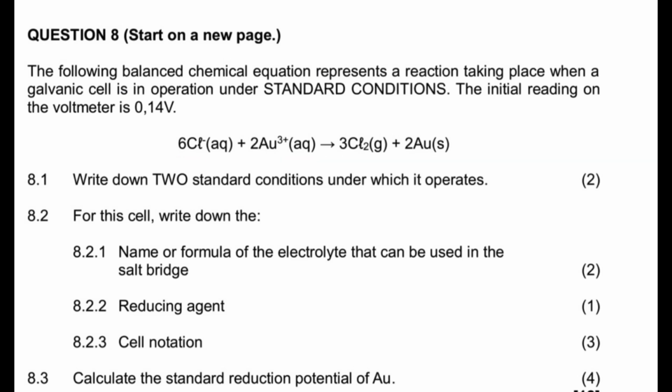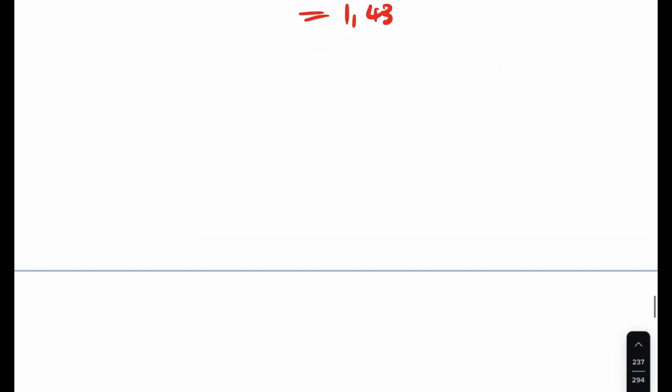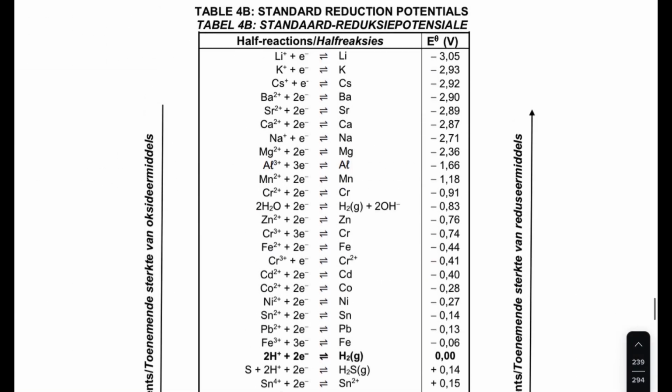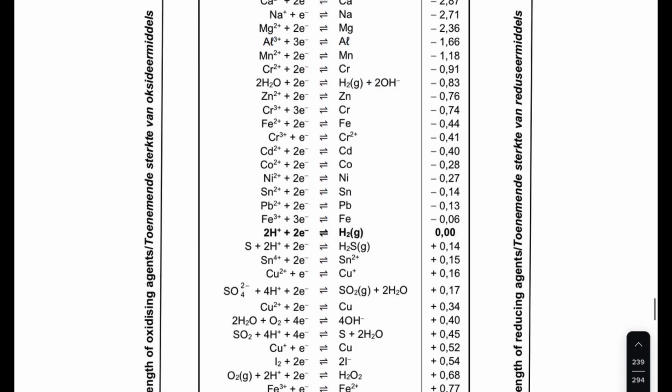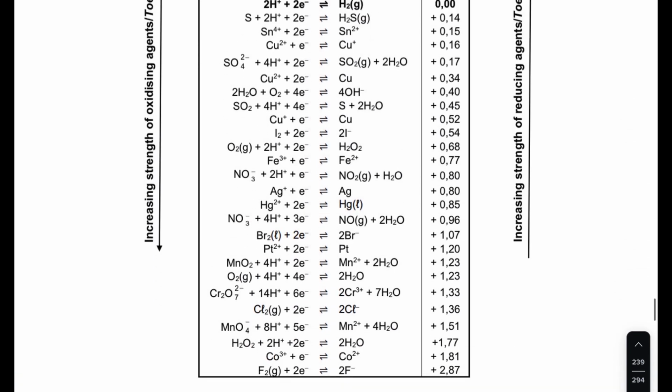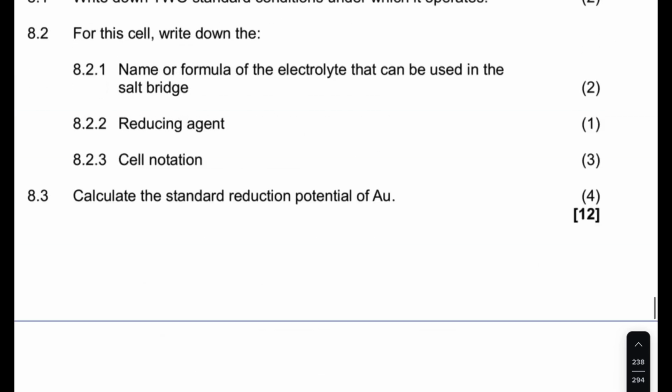This net cell, if you notice, we have a chloride ion and the gold ion that produces the chlorine gas and the gold in the solid state. But if you pay attention in your standard reduction potential table, there's no gold here. Gold doesn't appear.